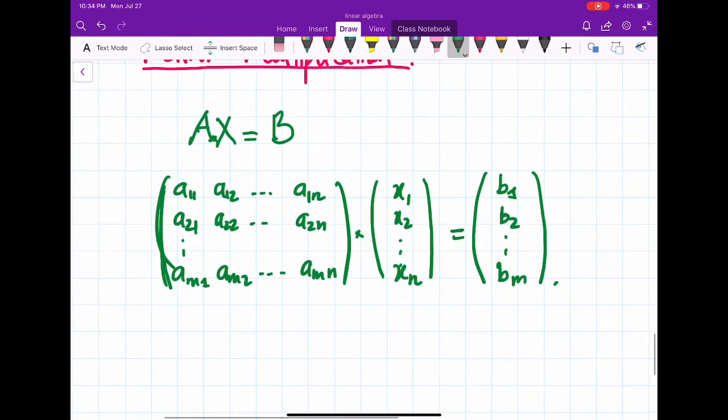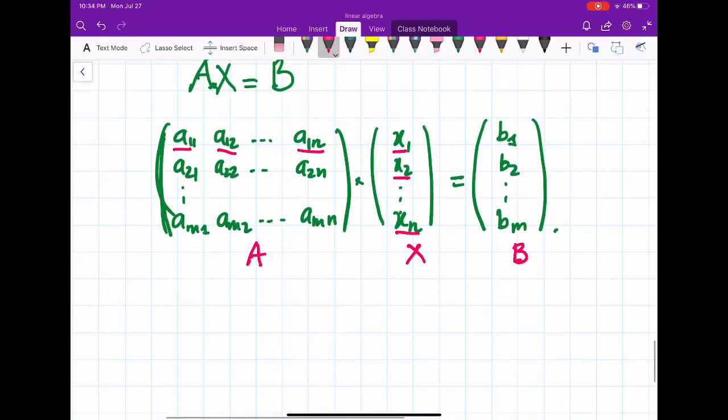Look at this. If you remember, if you have a system, right, you can write the matrix form. And how can we multiply this matrix, the coefficient matrix A, with the x in here, and that is b in here? So the first equation looks like a11 with x1, right, plus a12 with x2, plus so on, plus a1n with xn.